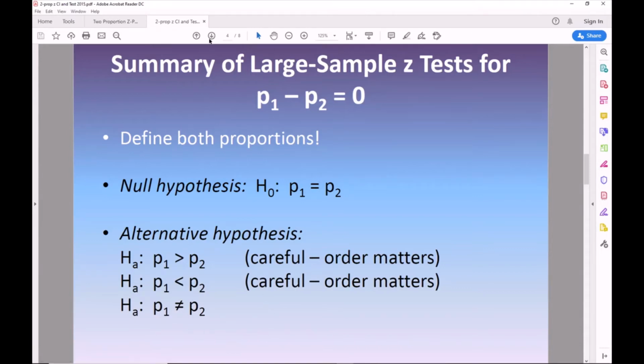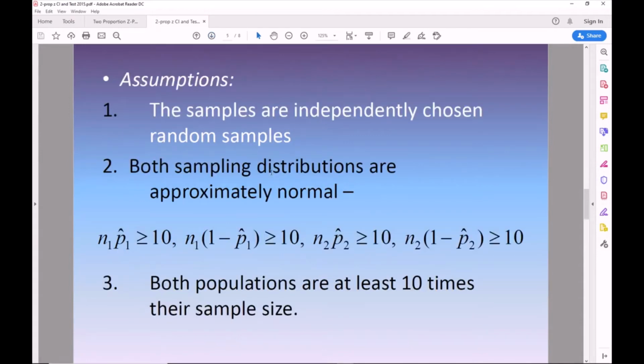All right, so moving on to assumptions. Your assumptions are exactly the same for your two proportion z-test as they are for your two proportion intervals. The reason that this is kind of unusual is that for a one proportion z-test, we had H0: p equals some number, like H0: p equals 0.25, in which case we would not be using p hat, we'd be using that 0.25.